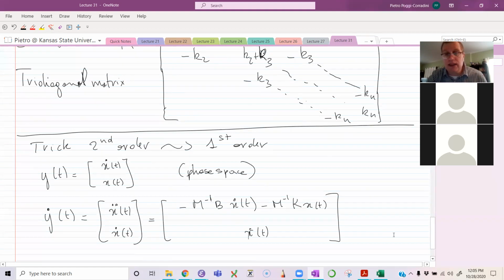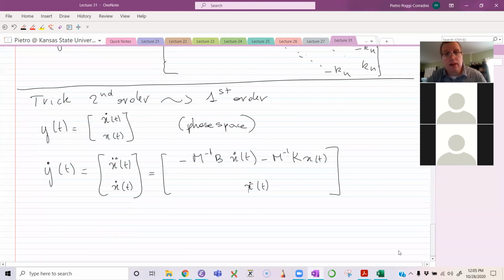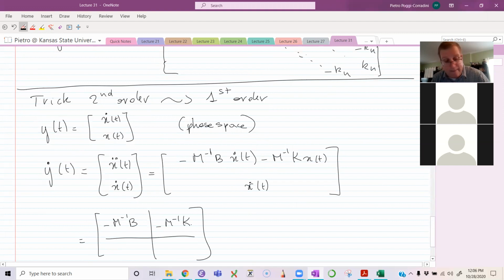And so how is this a first order? Well, we can interpret this as the result of a matrix multiplication where, let's say, we have some blocks, minus M inverse B, minus M inverse K, and the identity and 0.